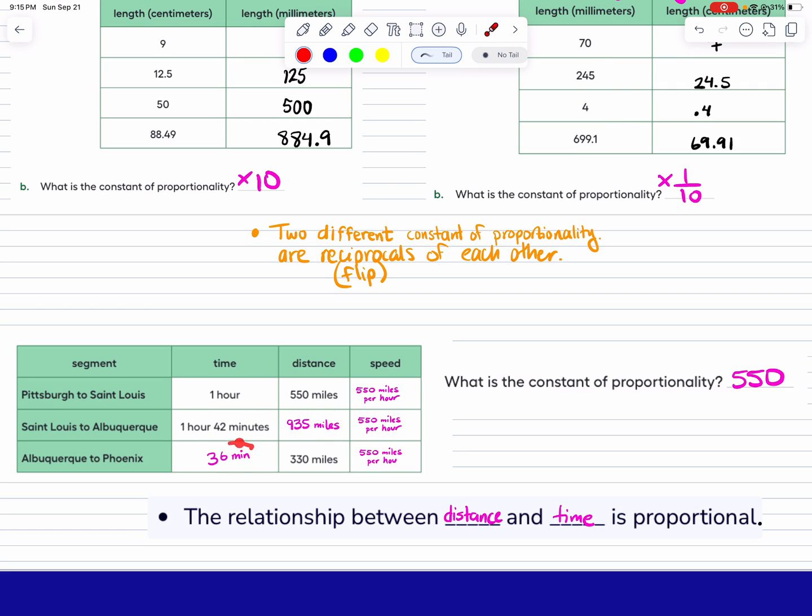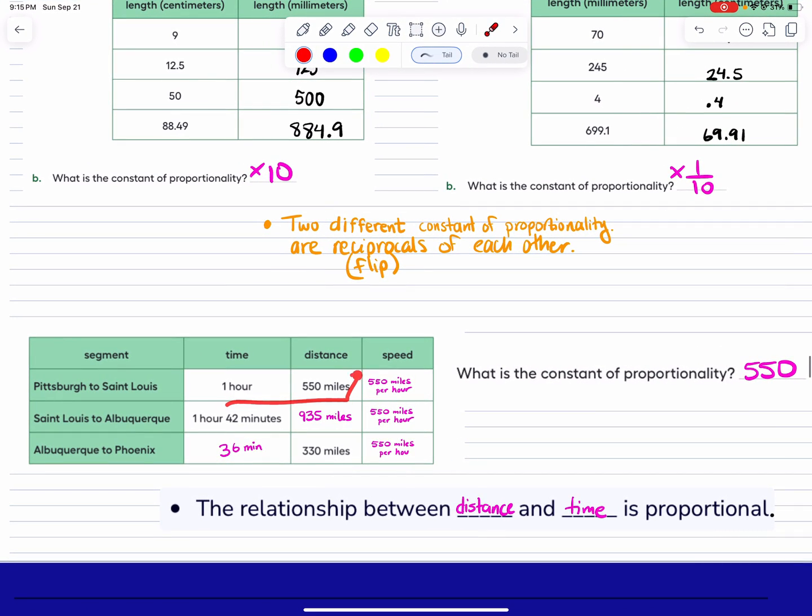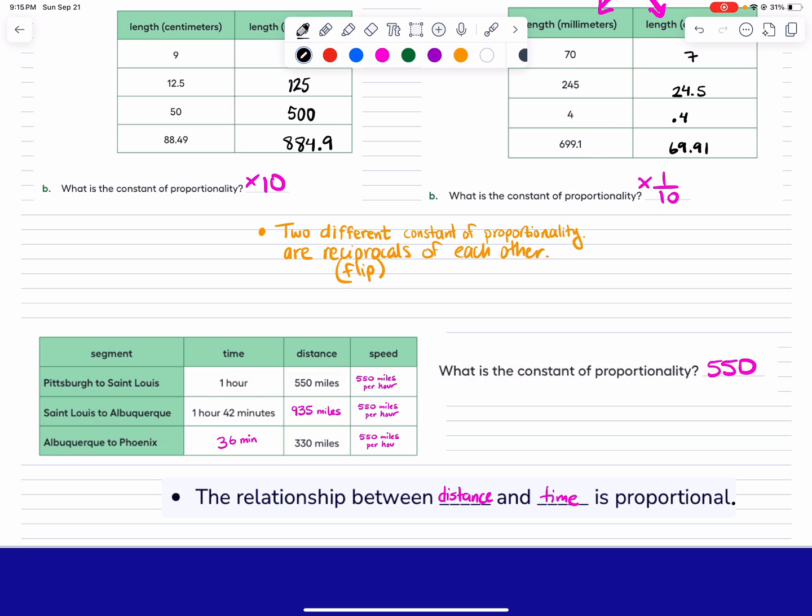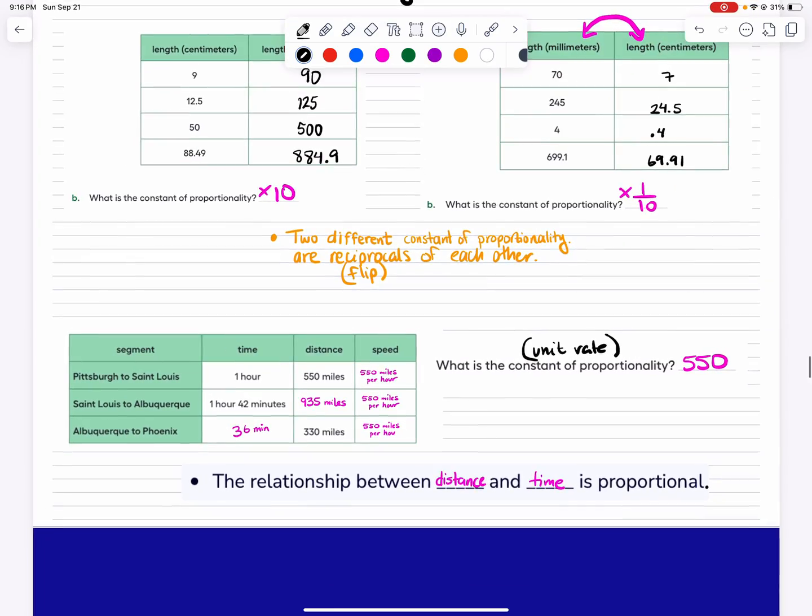Since we don't have the time here, we could just say 330 divided by 550 will give us our actual time of 36 minutes. So using the constant of proportionality, we could figure out as many values as we want to find. So the relationship between distance and time is proportional because it has a constant of proportionality of times 550. The unit rate is what helps out a lot, honestly. 550 is also called the unit rate.